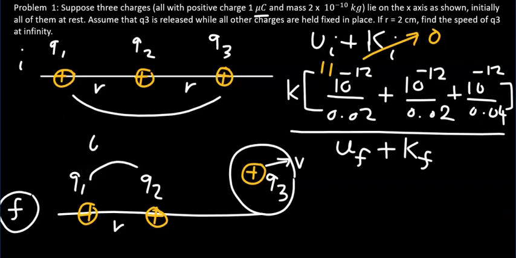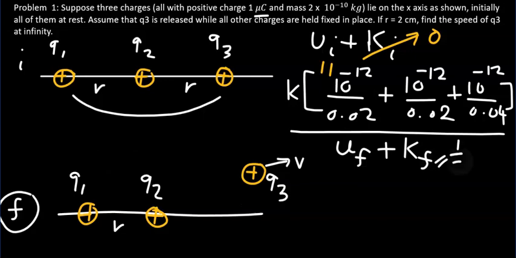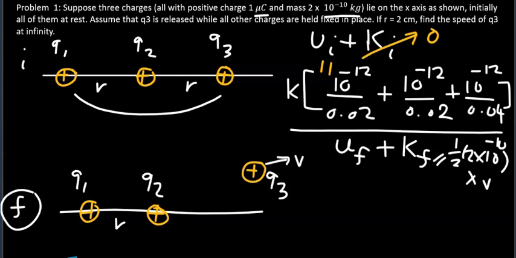Q1 and Q2 are not moving, they are held in place. So the kinetic energy is half the mass, 2 times 10 to the power minus 10 kg, which is given, times the square of the speed that we want to determine.